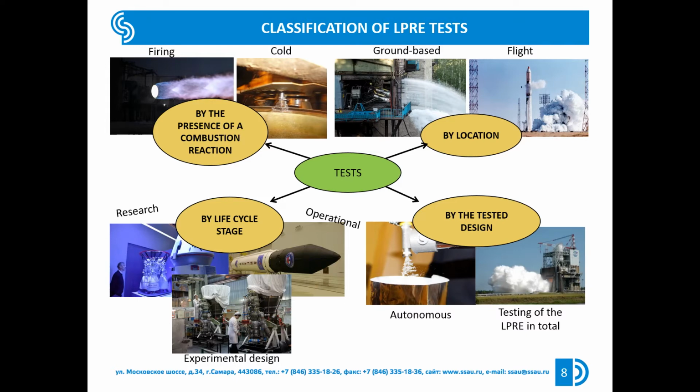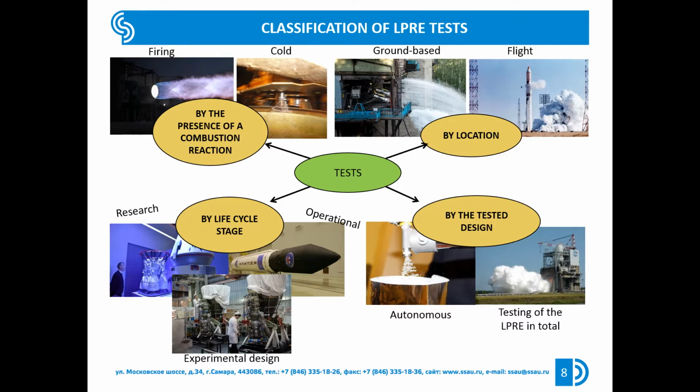Third, depending on the stage of the engine's life cycle, testing of LPRE is divided into research, experimental, and operational. Fourth, according to the tested construction, the tests can be divided into tests of the complete engine and autonomous tests of engine parts and units.